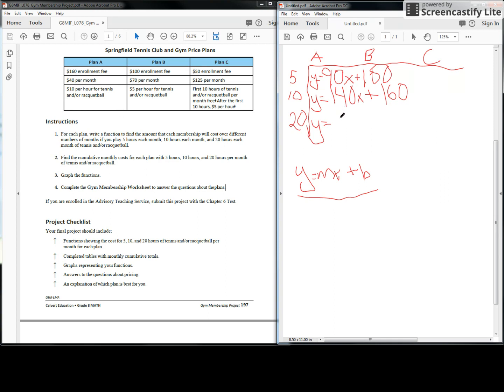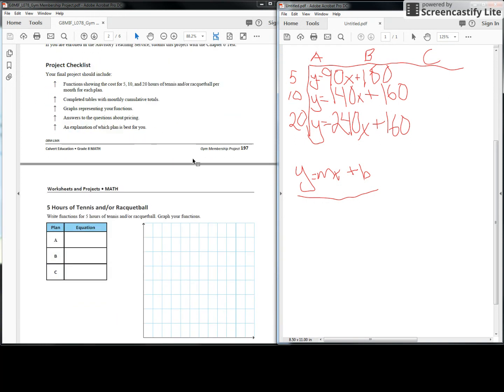And so then that becomes $240 every single month. So the month is what's going to change. And the other constant there is the y-intercept. And again, it's 160.